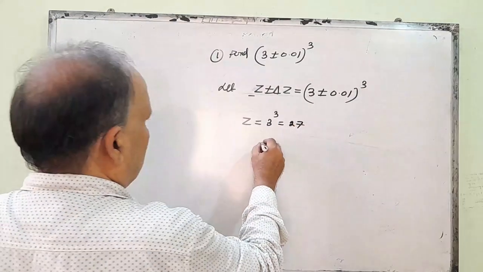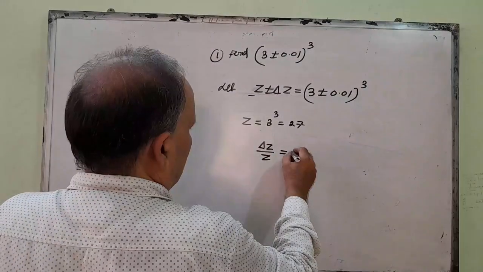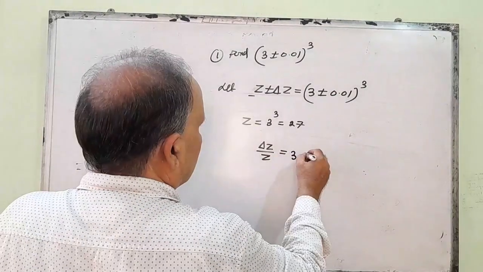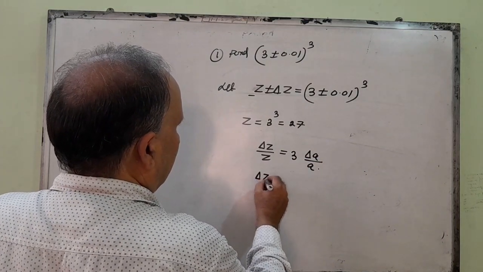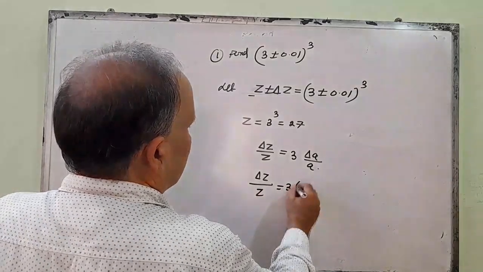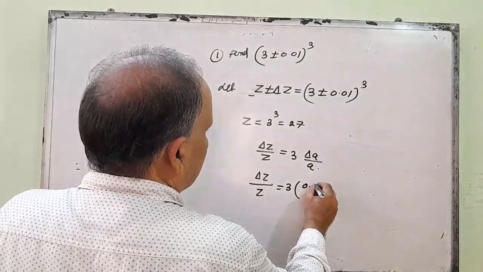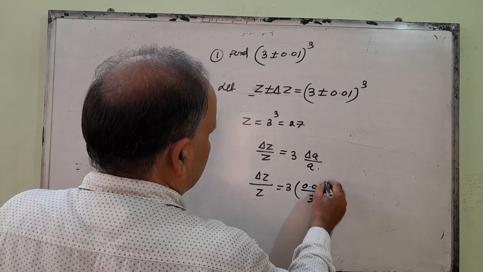Now I apply the formula, delta z by z is equal to 3 into delta A by A, that means 0.01 divided by 3.